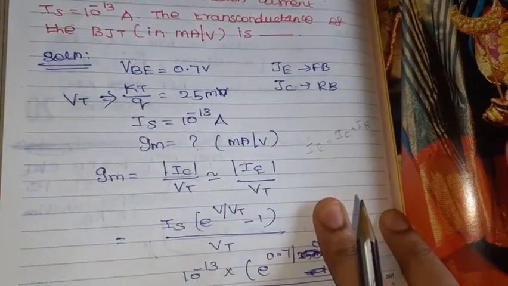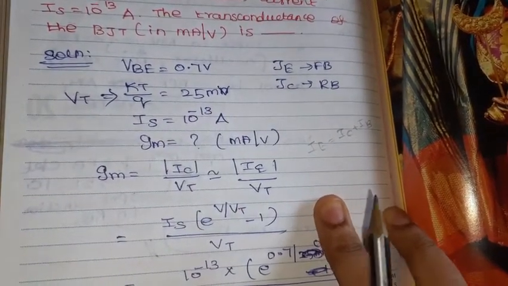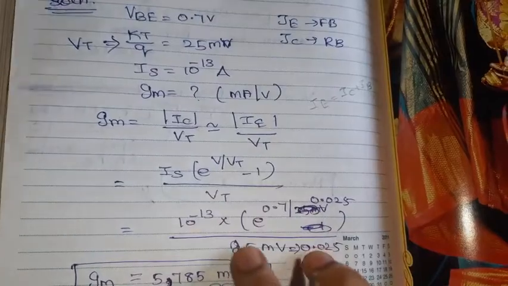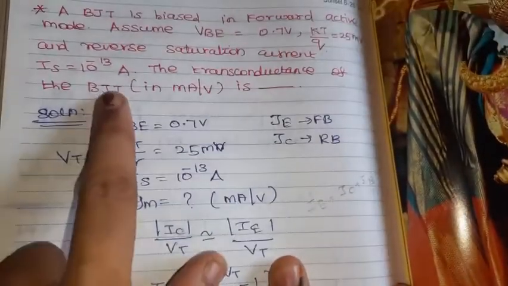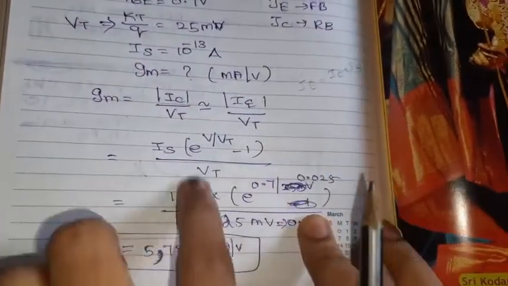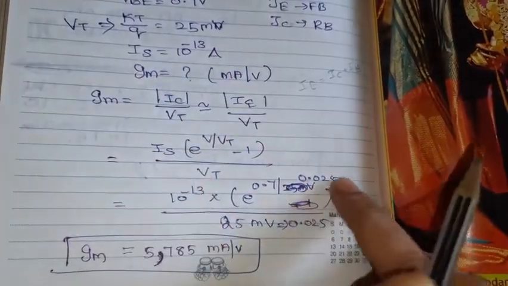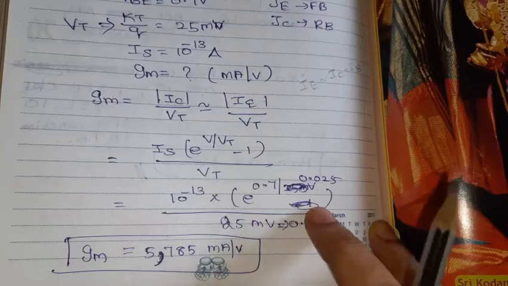It varies. If it is given as 25, we can take 25. V is nothing but VBE, which is 0.7 volt. IS is 10 power minus 13 amperes. e power VBE by VT, with VT as 25 millivolt or 0.025, minus 1.